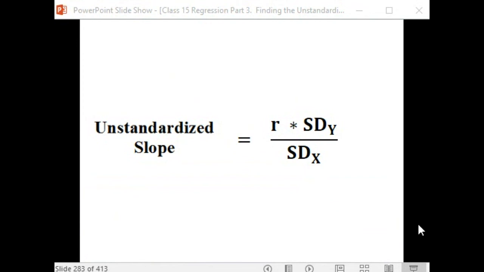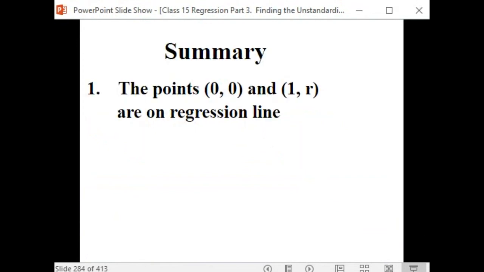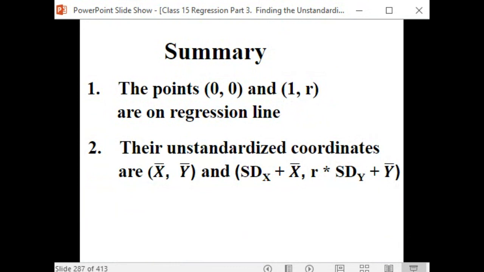And let's give a summary of what we just did. First, we identified 2 points, 0, 0, and 1, r that are on the regression line. This point is the point of averages. This other point is what we're calling the 1r point. Second, we calculated the unstandardized coordinates of these 2 points.